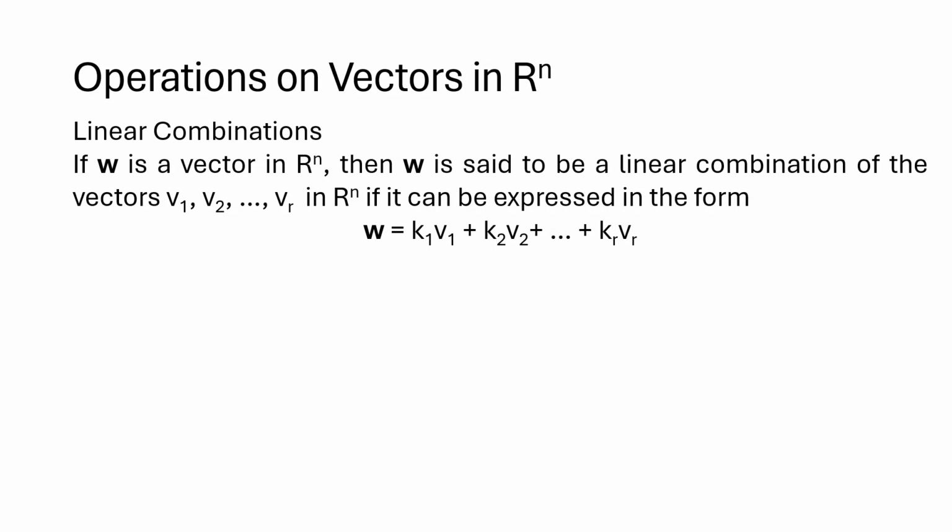These scalars are called coefficients of the linear combination. In the case where r is equal to 1, this formula becomes w is equal to k1 v1, so that the linear combination of a single vector is just a scalar multiple of that vector.